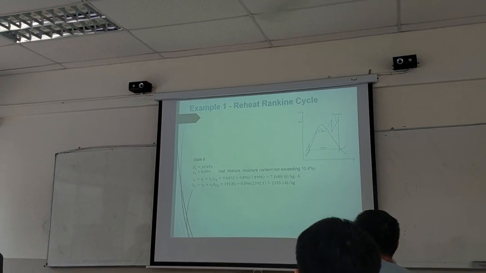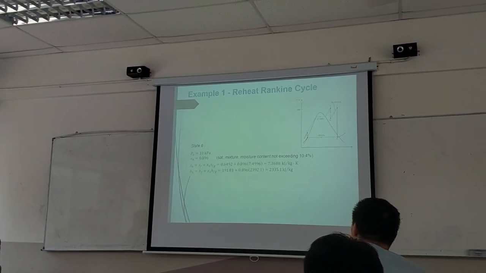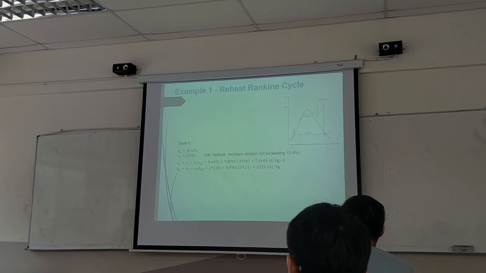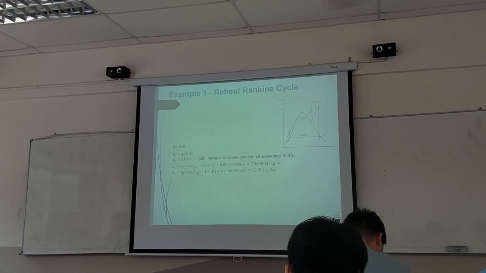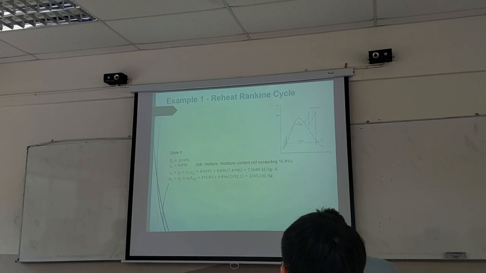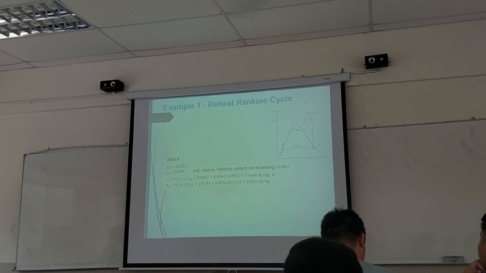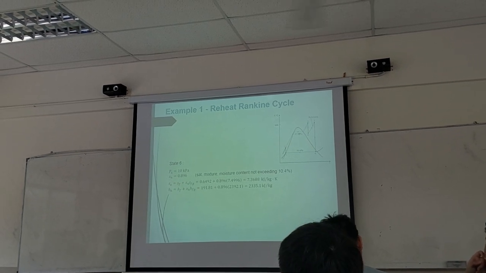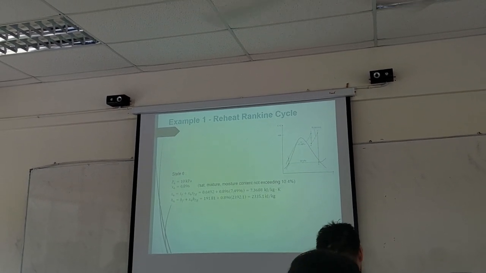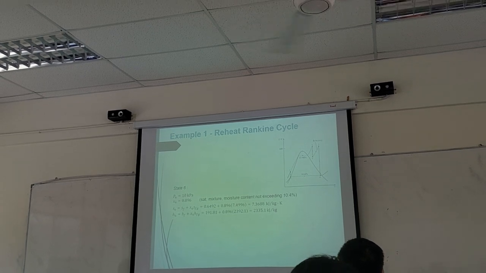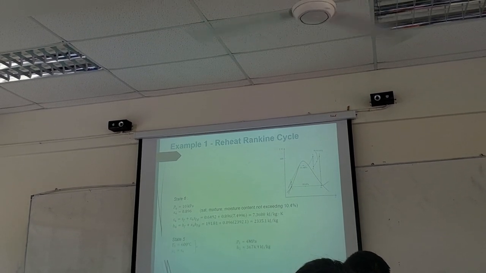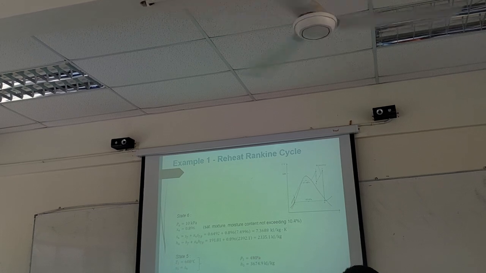So state 6 was what we said just now. We know what P6 is, which is 10 kilopascal. X6, we set it at 0.896, that's the minimum value that we want. Then from there, you can calculate H6. Okay, so from here, we can move on to state 5.